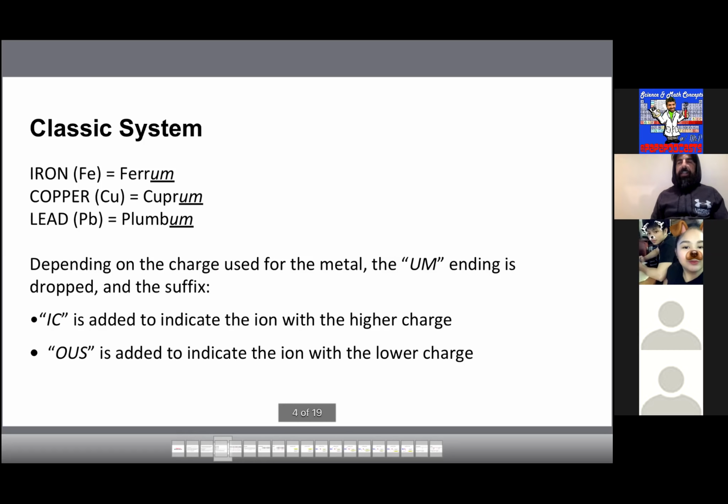But anyhow, so notice where they got the Pb. They took the first letter and they took the fifth letter. For copper, they took the first two letters, and for iron, or for ferrum, they took also the first two letters. Another one that you may see in a practice problem is stannum.